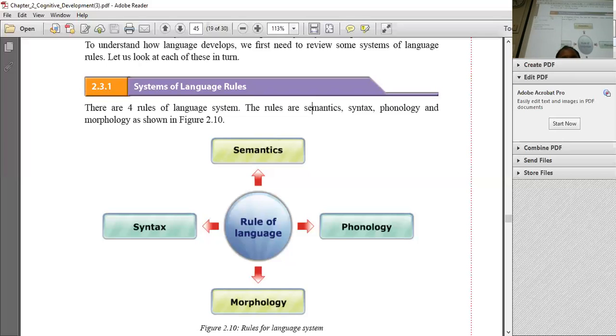For example, can you think of an adverb? He runs fast. He runs slow. So it is a certain idea, fast, slow.